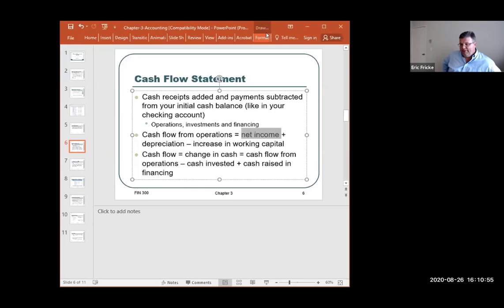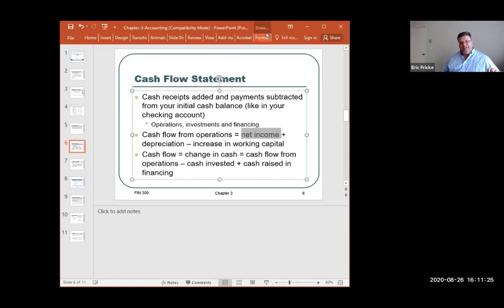You're driving an Uber car, and you buy a car. And let's say you're not leasing the car. Let's instead say that you bought the car outright, you own the car, and that you take depreciation every period for that car. So that depreciation, even though you didn't pay out money for depreciation every month, you're still going to record that as an expense, and that goes into net income.